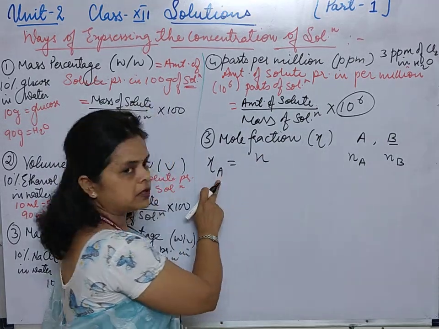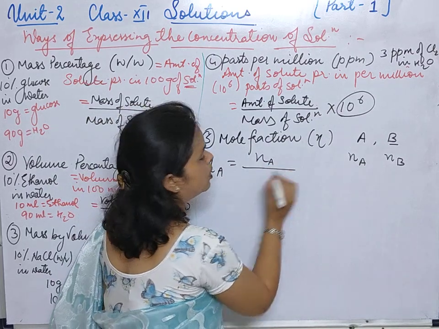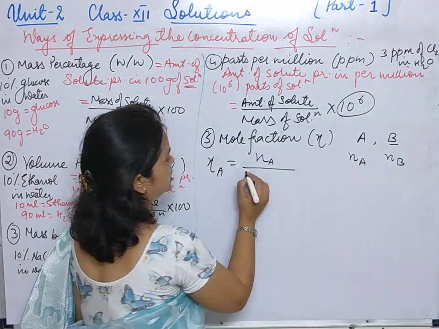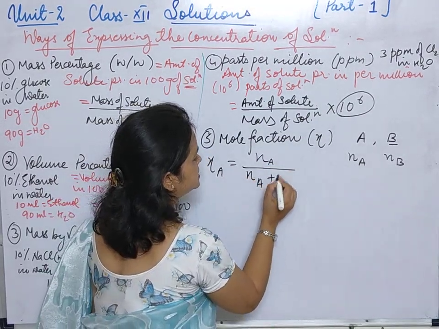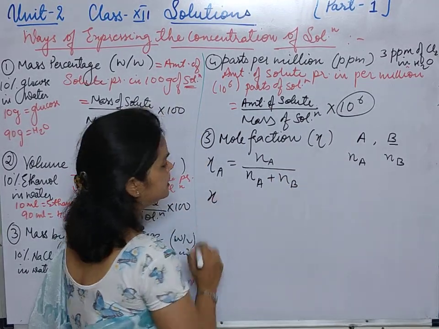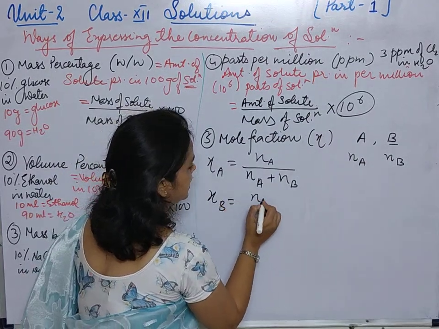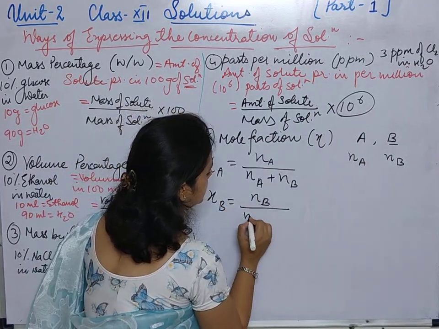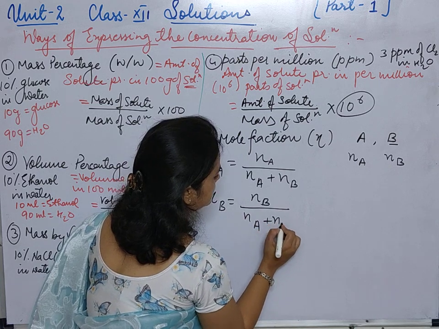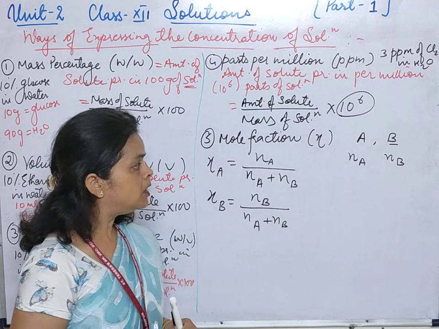So if you are talking for component A, then the moles of A upon the total number of moles, that means Na plus Nb. If you are calculating for the other component, then the formula will become Nb upon Na plus Nb. So in this way you can calculate the mole fraction of both the components.